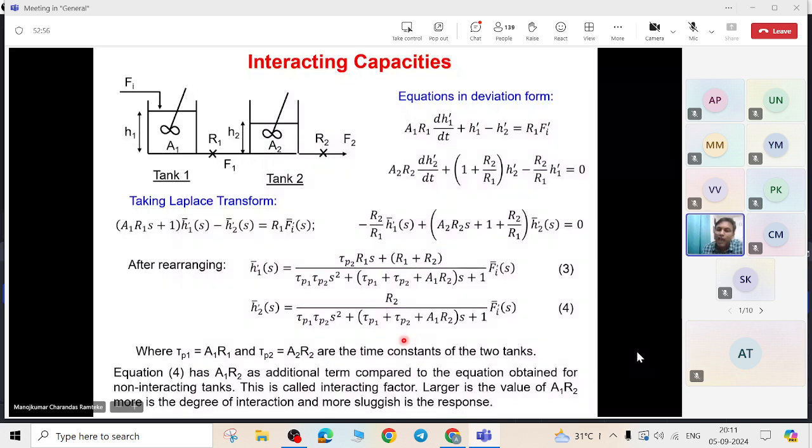And therefore, the more interacting factor there is, the more and more overdamped my system is going to become, as this interacting factor A1 R2 increases. And as the value of zeta increases and the system becomes more and more overdamped, what will the response be? The response is going to become more and more sluggish and delayed.